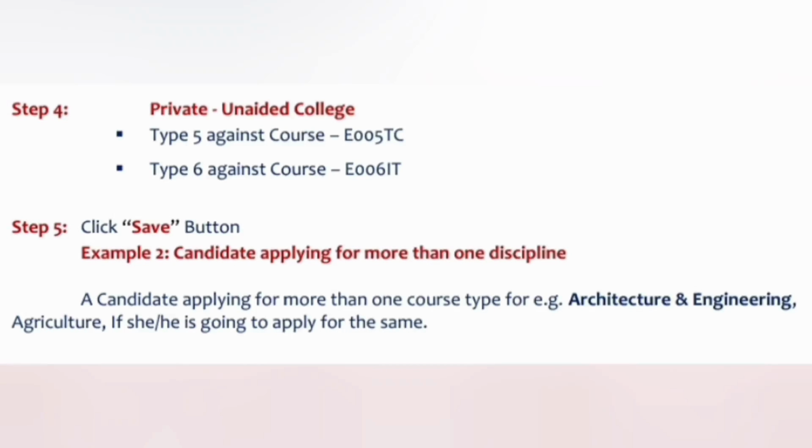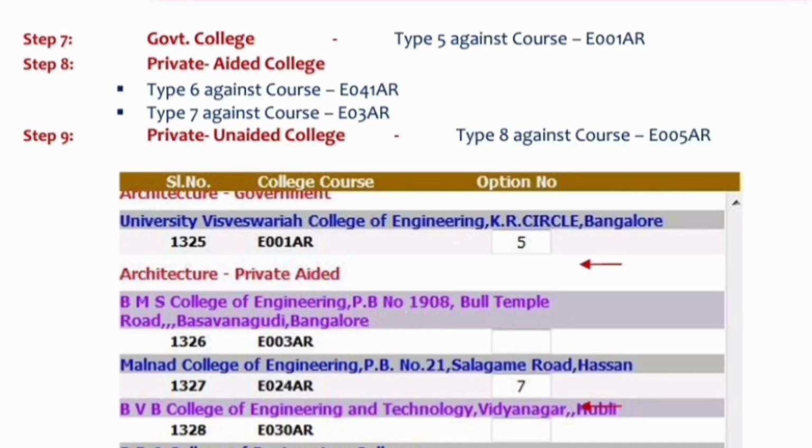Then you put option entry 4, the list priority 4 which you have set. Now you move to the course which is private unaided, right? There you said you will again go back to architecture courses. So what you have to do on the top is click on the architecture college list, and only then will your architecture colleges be visible.